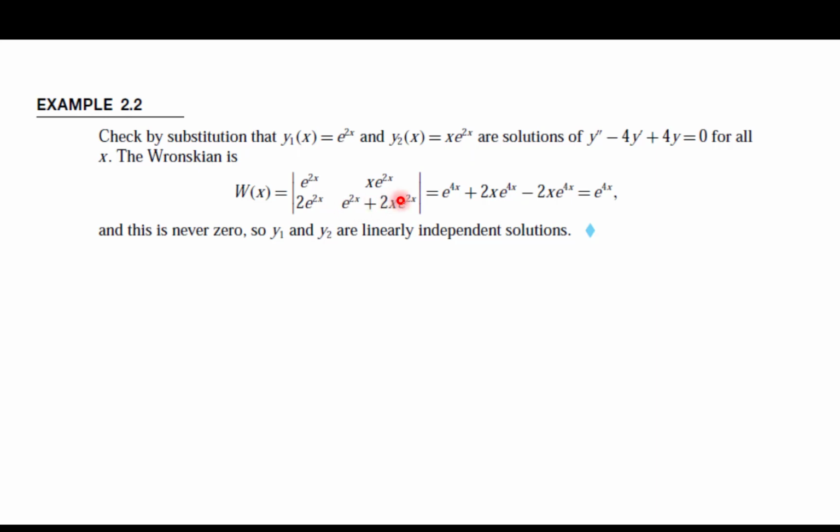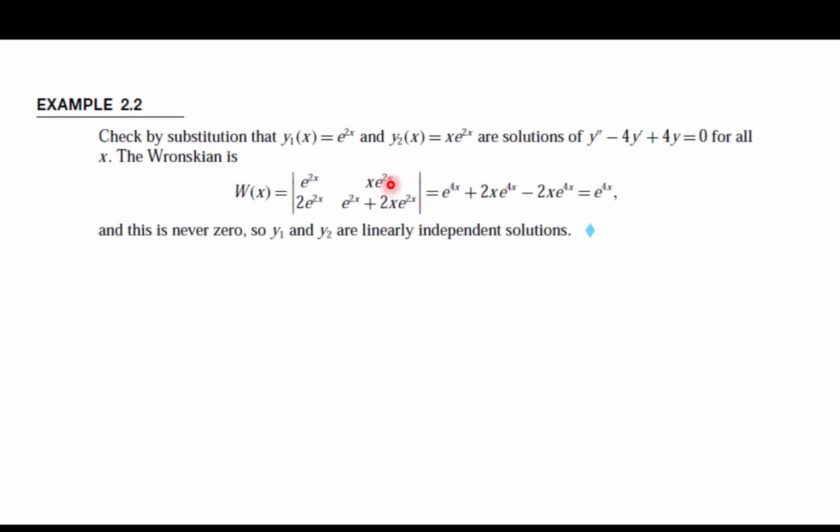And then in this cell, we put the derivative of x e to 2x. By the product rule, it gives us e to 2x times 1, plus 2 e to 2x times x.